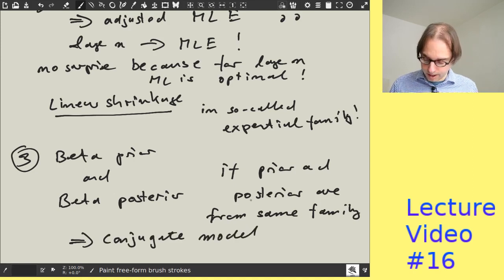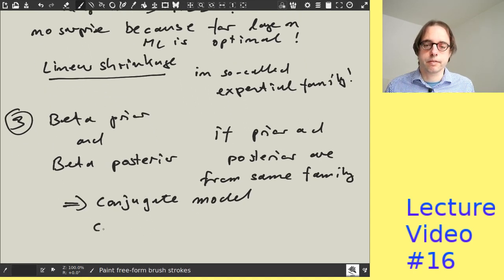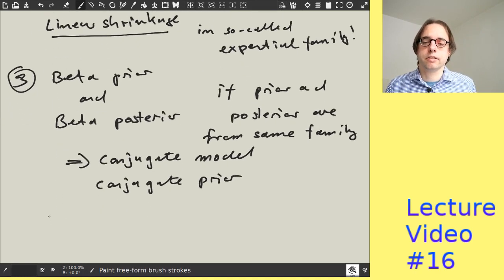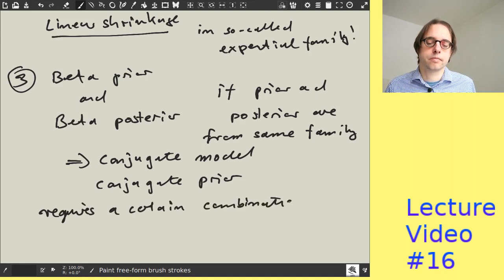So conjugate prior. These are nice models to work with. It requires a certain combination of prior and likelihood.